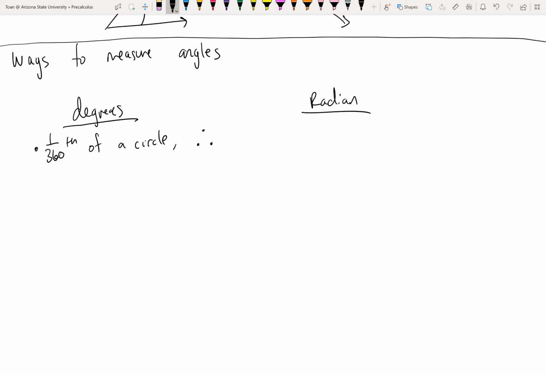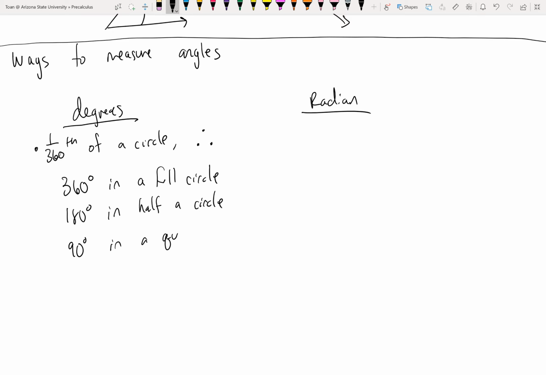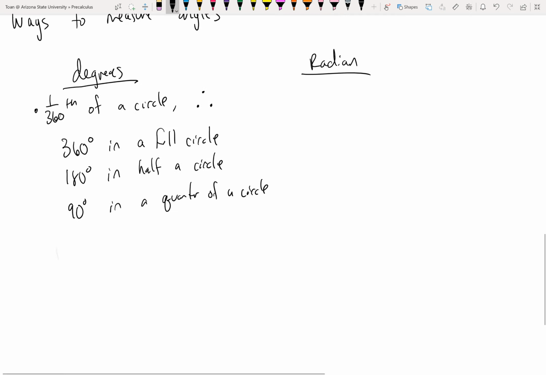Therefore, we have some implications. There are 360 degrees in a full circle. There are 180 degrees in half a circle. There are 90 degrees in a quarter of a circle. So on and so forth, right?